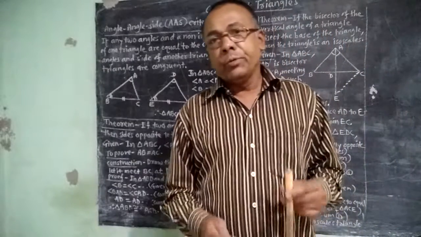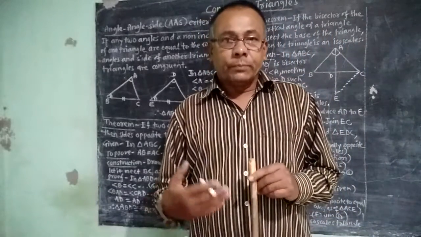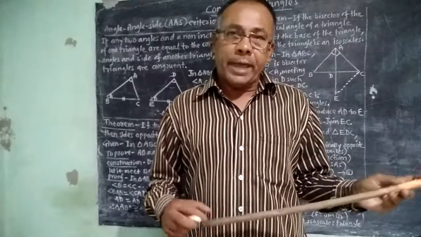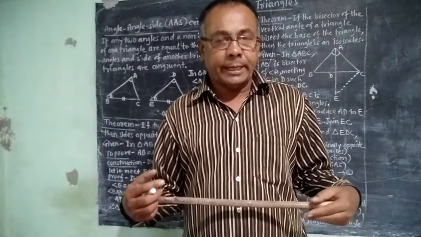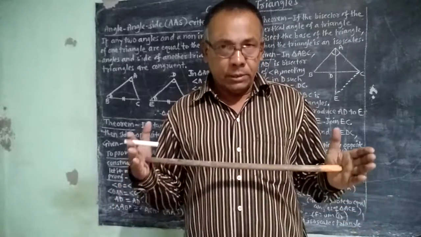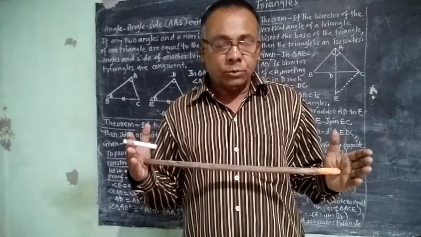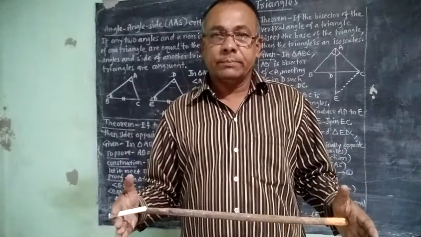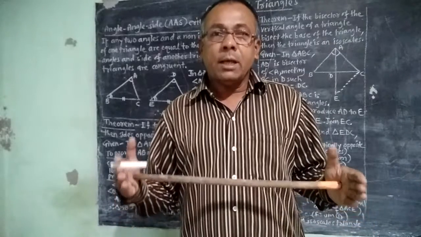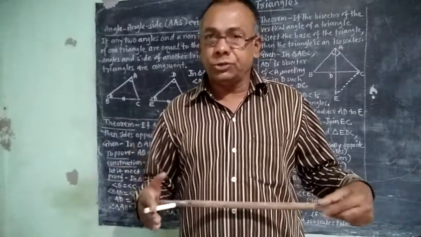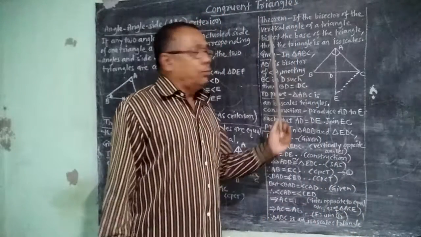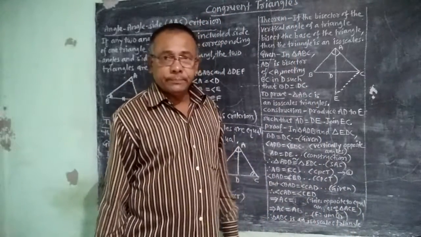In this way we have proved that if any two angles of a triangle are equal, then the opposite sides are also equal.